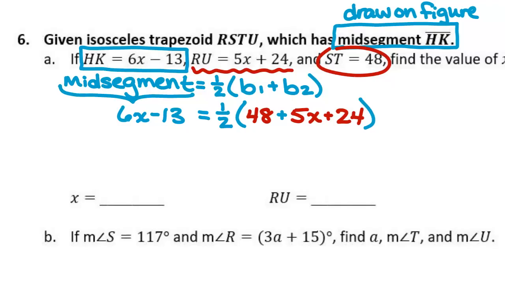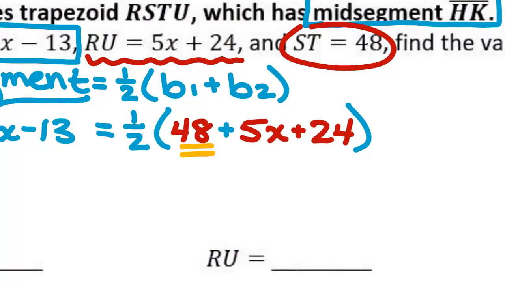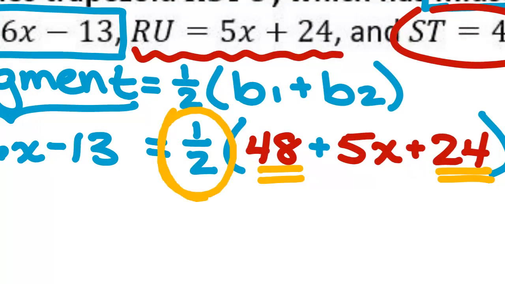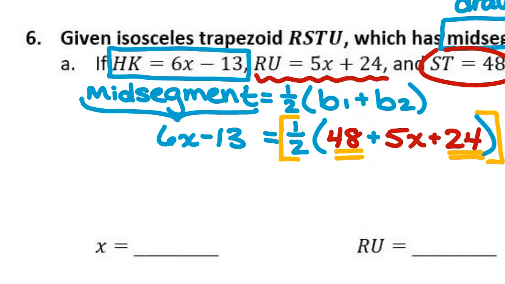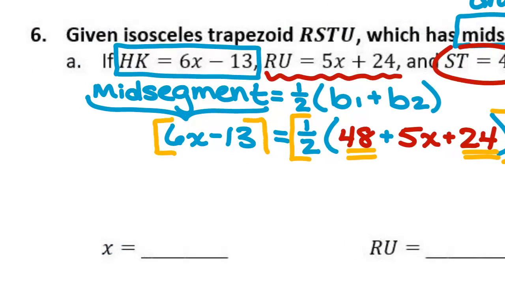So there's a couple things that we can do in this first step. Inside the parentheses, I'm going to combine my two constants, my two numbers that don't have x's. At the same time, I'd like to get rid of the fraction that's on the outside of the parentheses. What operation gets rid of fractions? Multiplication. And what part of the fraction do you multiply by? By the denominator. So over here on the right, we're going to multiply this entire side by 2. And that means over on the left, we also multiply that entire side by 2. Make sure that you are putting either parentheses or brackets around the entire left-hand side.